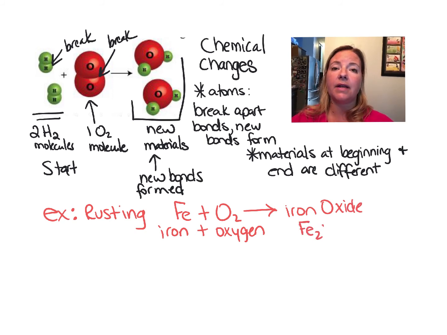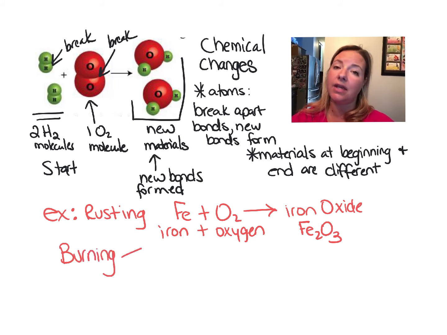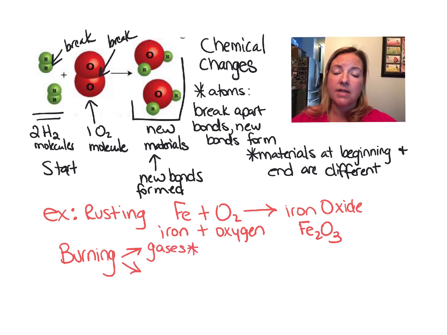If we burn a piece of wood, that piece of wood is being changed into new molecules. Some of those molecules are gas molecules that are given off as smoke. Some of those molecules are changed into different carbon compounds that end up in the ash.